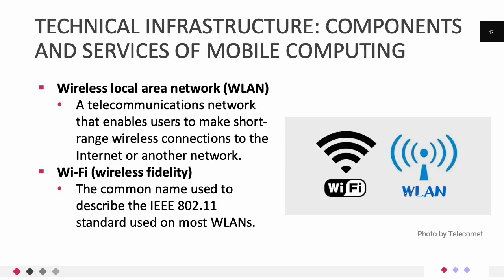Wi-Fi follows standard rules, IEEE 802 something, to ensure your devices can stream videos, download files, or scroll Instagram smoothly. So the WLAN is the network, the Wi-Fi is the language it speaks. Okay, it's as simple as that.